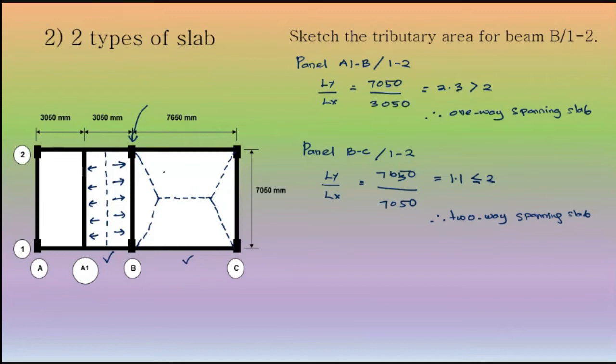Sebab apa? Dia dalam bentuk trapezium ni guys. Bila dia dalam bentuk trapezium, nilai dia akan lebih banyak daripada bentuk segitiga, yang triangle ni. So siapa yang buat sebelum ni? Ingat, the longest beam akan support more load. Okay? Settle? Ada yang tanya?